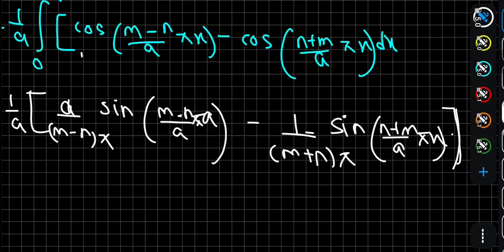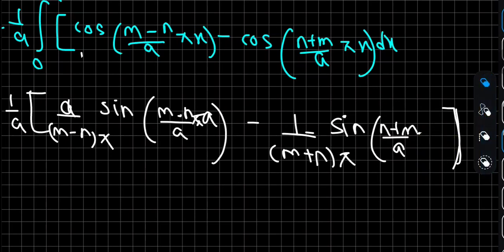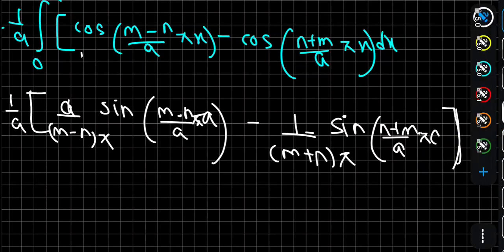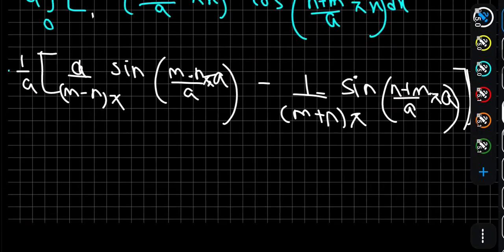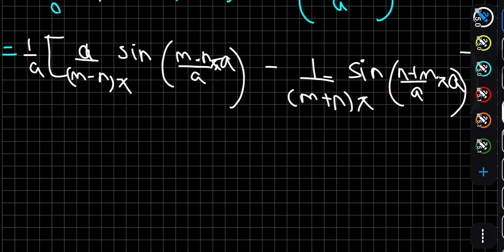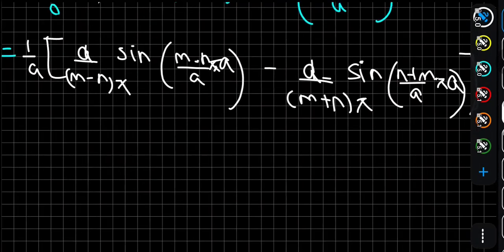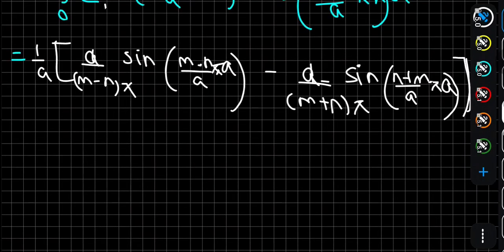So this is a pi a, and here also should be pi a. Okay, now it's good. And here it should also be a. Now it's good. Now you can take a common here, so this will eventually cancel out.